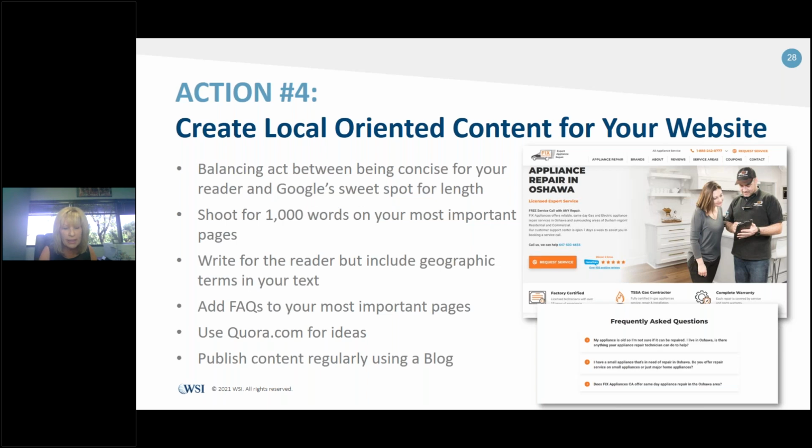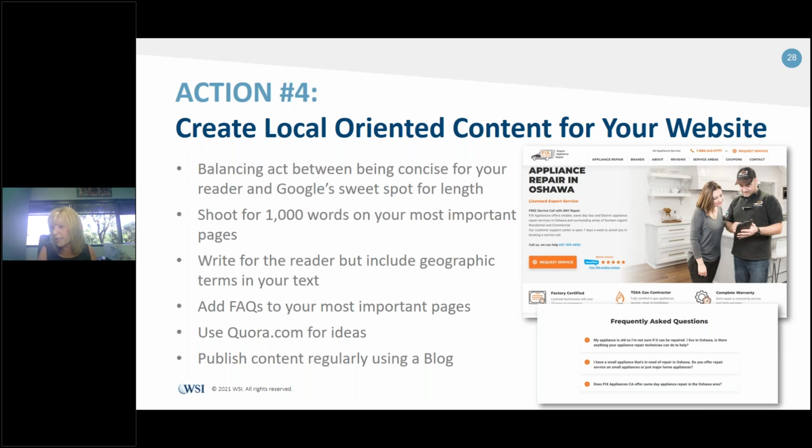One of the biggest things is FAQs. There's a lot of benefits to having frequently asked questions on your most important pages. So that's one idea for how to come up with some of this content. There's lots of third-party sites out there. Quora.com is one of them, where you can put in a subject or a category and it'll spell out a whole bunch of ideas for creating content and questions that people ask that you can use in FAQs.